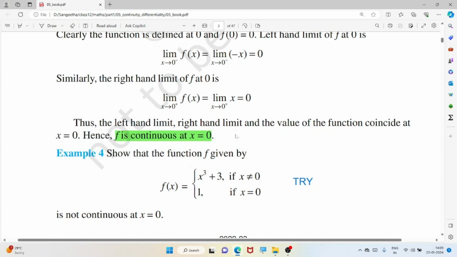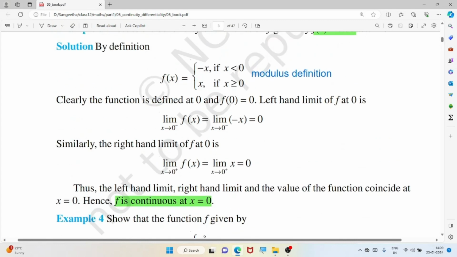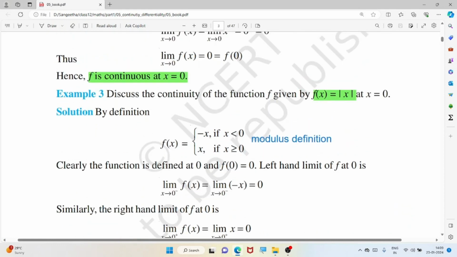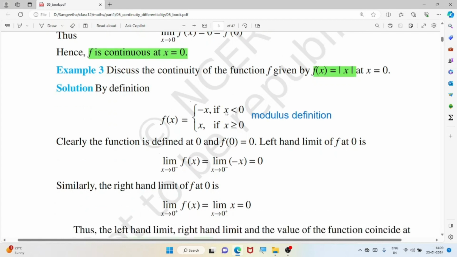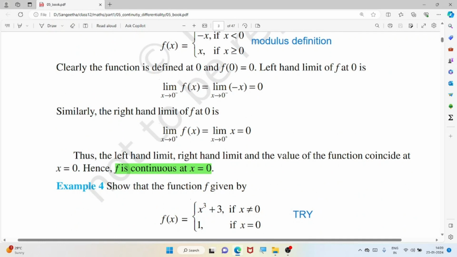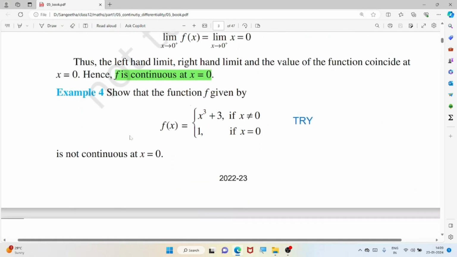The left-hand limit, the right-hand limit and the value of the function coincide, hence f is continuous. At x equal to 0, these two RHS and LHS limits are matching, so it is continuous at x equal to 0.